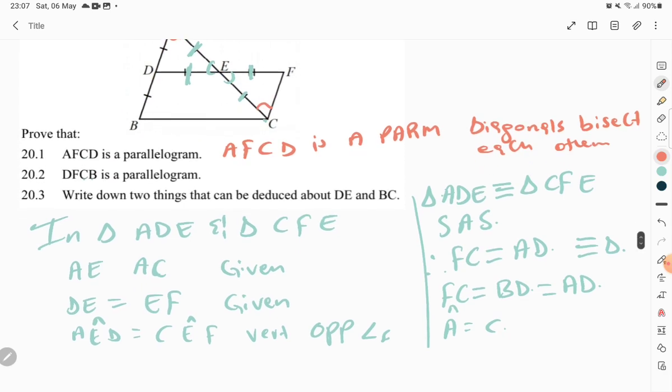So should this happen, alternate angles are equal. Okay, this A is equal to C, not because they are alternate angles, it's because of congruent triangles, right?